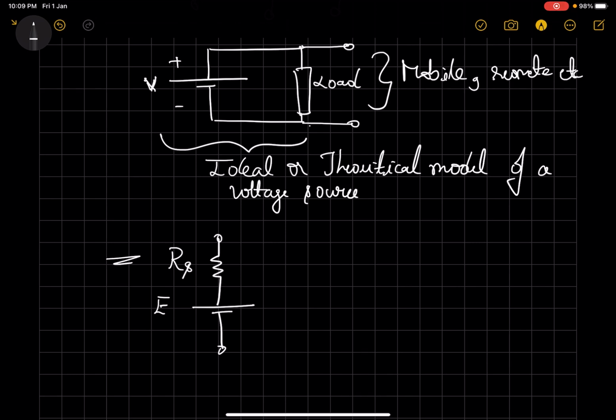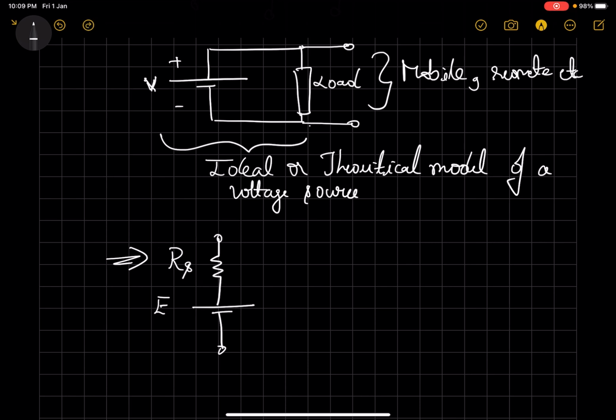This internal resistance should not be thought of as any lumped component like the ones you see on electronic boards. This Rs comes as part of the intrinsic property of the battery itself, from the materials used in building them, and it is distributed throughout the battery. So it's not any single component that can be found inside the battery in series with the voltage source. It is part of the battery itself.